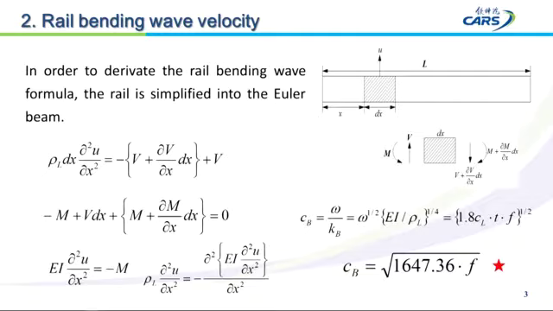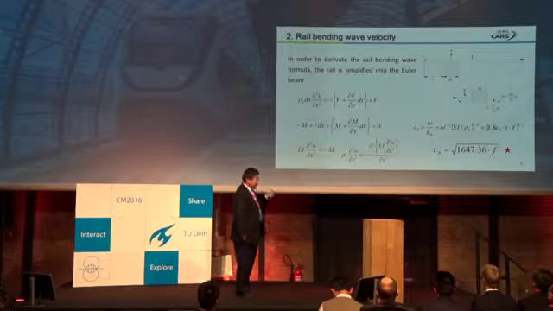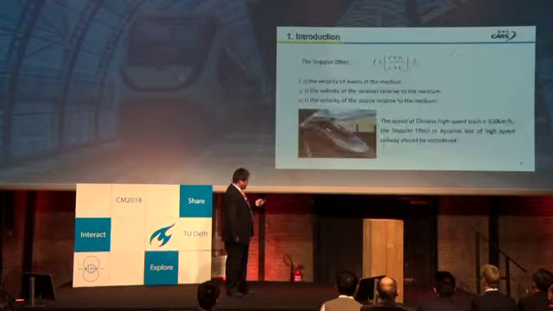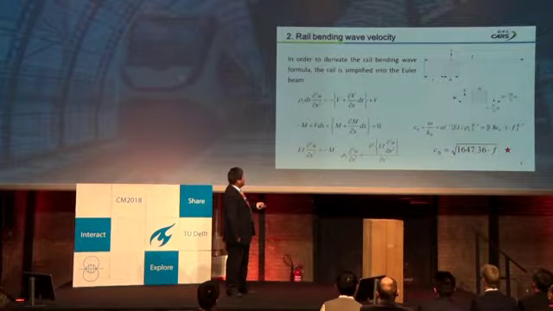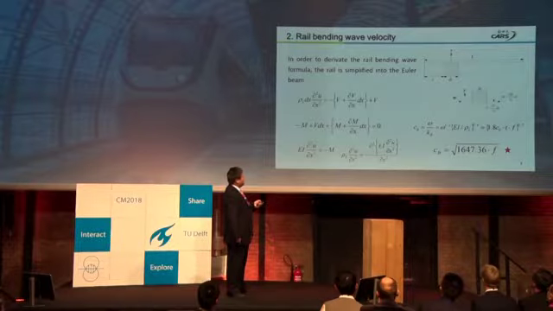Based on Newton's second law and the Euler-Bernoulli beam theory, we can get the rail bending wave velocity like that. The rail bending wave velocity depends on the frequency, from this formula.